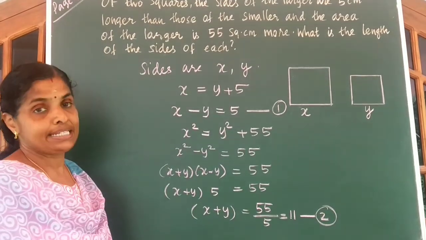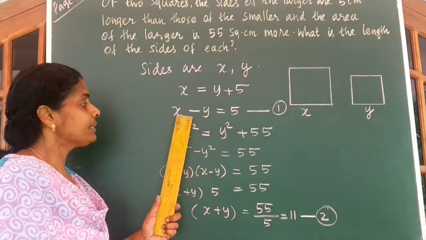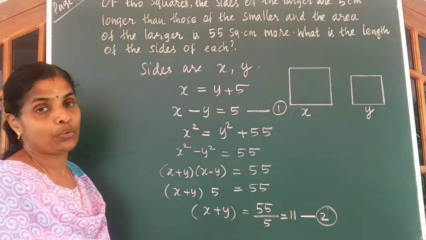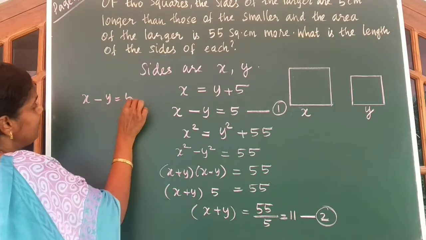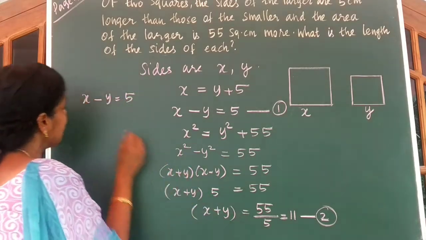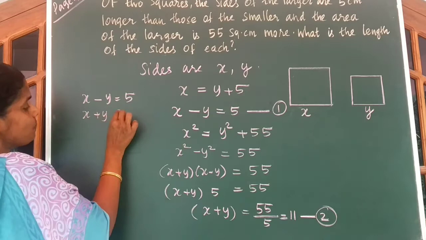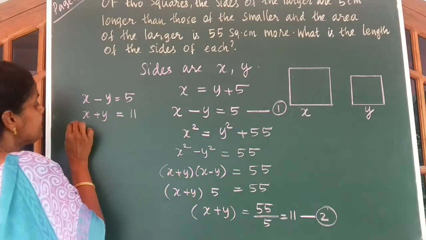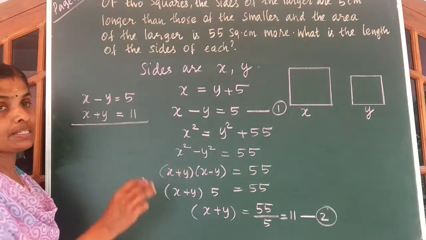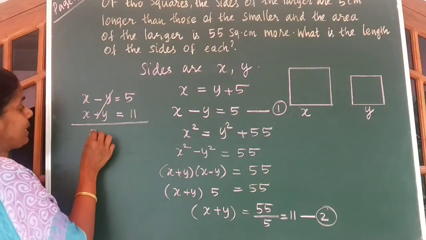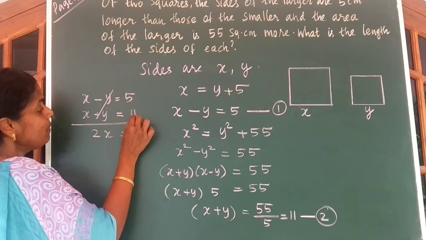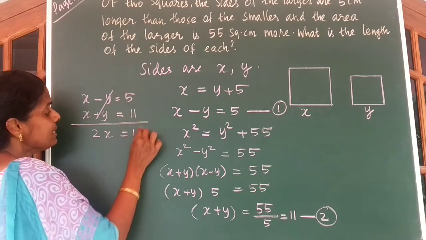So now it is easy for us to solve the first and the second equation. x minus y is equal to 5, and our second equation x plus y is equal to 11. Let us add the two equations. So what do you get? Plus y cancels with minus y. 2x is equal to 11 plus 5, 16.